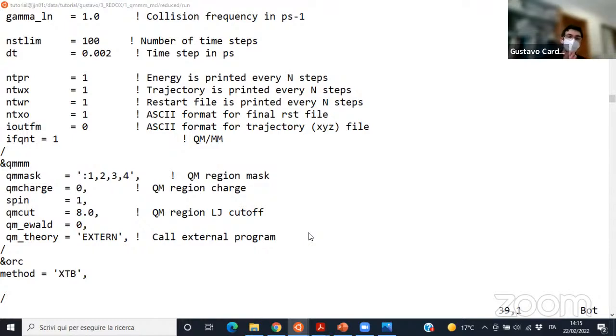Exactly. Of course, notice that in that case, we go back to what Juanjo was explaining. If you actually want to perform dynamics, then these one or two water molecules throughout the dynamics will probably go further apart from the solute.